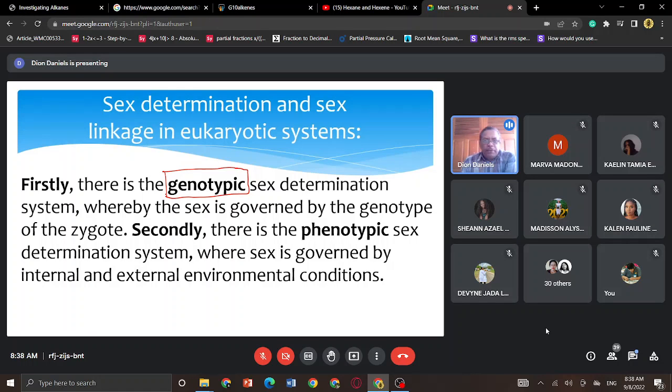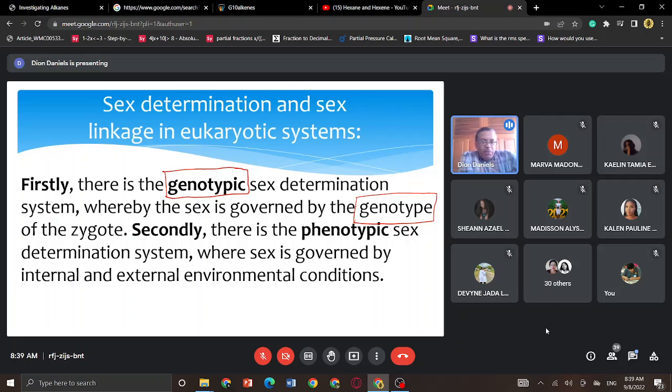So it says here, the genotypic sex determination system whereby the sex is governed by the genotype of the zygote. So the genotype is the genetic makeup of the individual, right? Which would include all the genes and all the chromosomes.